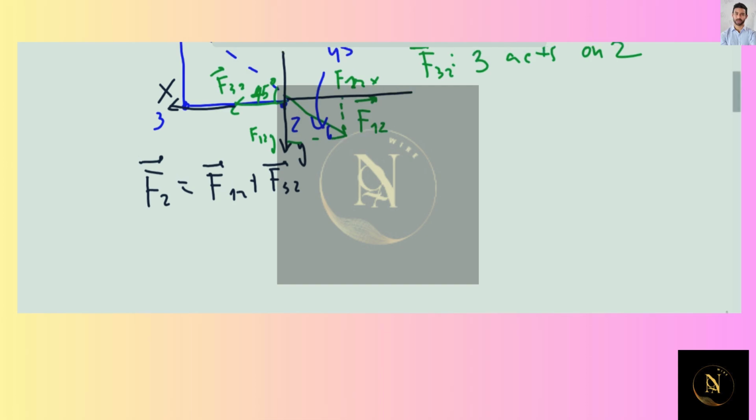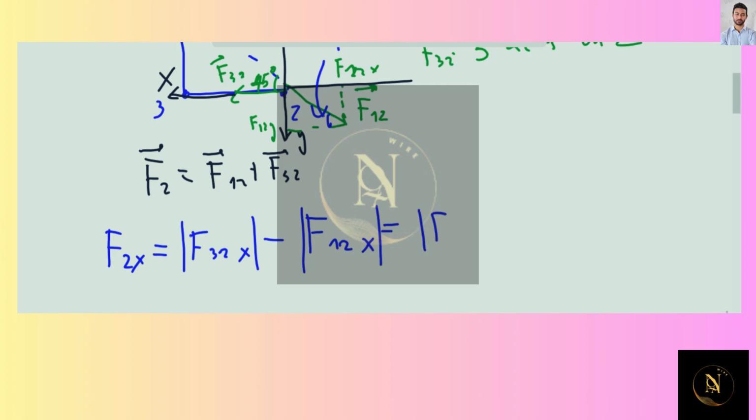So now let's calculate the x projection of the force acting on the second charge. So F2x equals F32 projected on x minus F12 projected on x. Here I want to mention again that we are going to use the absolute values of each component because we've already taken into account the charges.